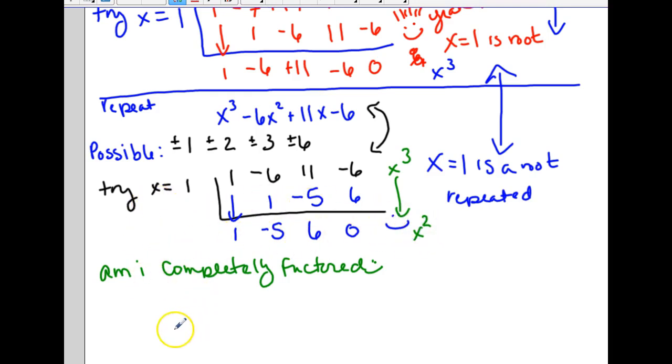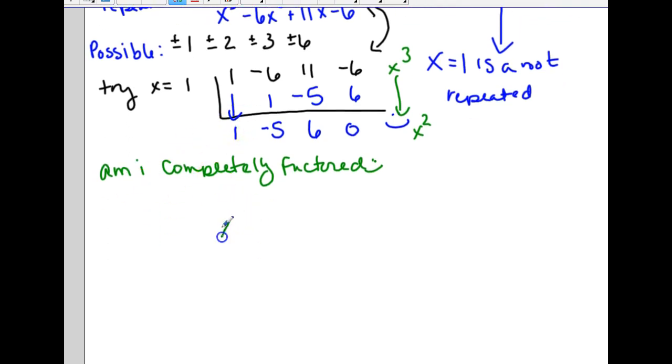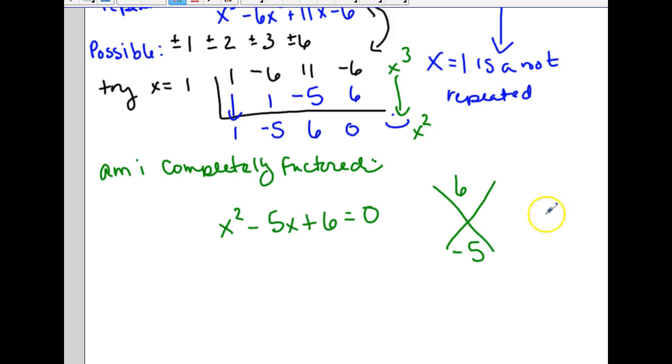So I'm going to write this equation as 1x squared minus 5x plus 6. And I'm going to see if I've got other tools in my tool belt to factor this. Do I have two numbers that multiply to 6 that add to a negative 5? What numbers are those going to be? Is that going to be a 6 and a 1?